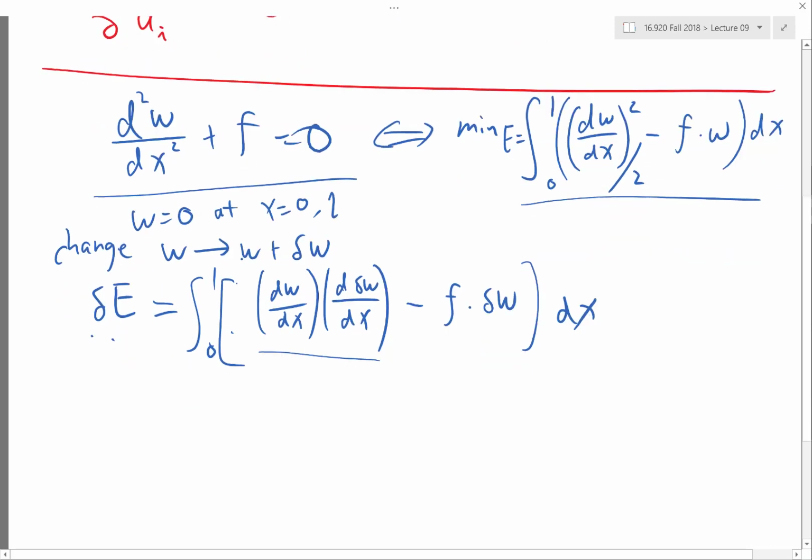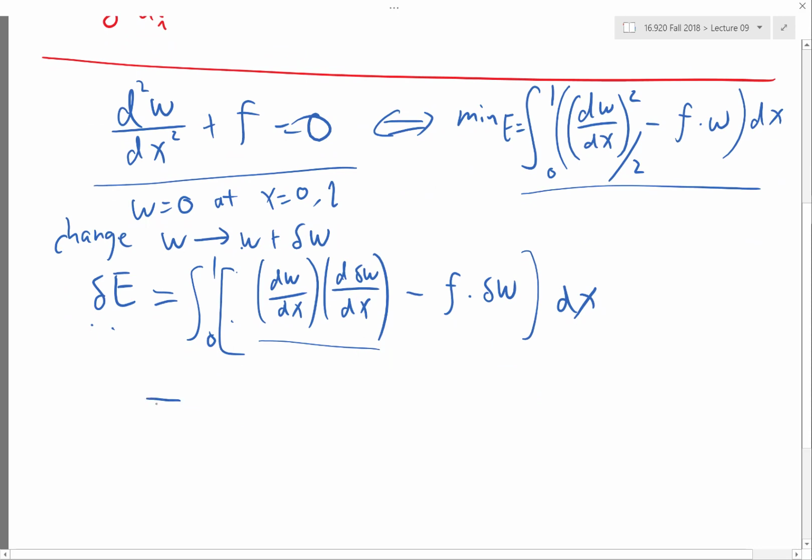Now the next step is integration by parts. The criterion for being optimal, having a minimum E, is that no matter how I change my w, my E would not change to first order.